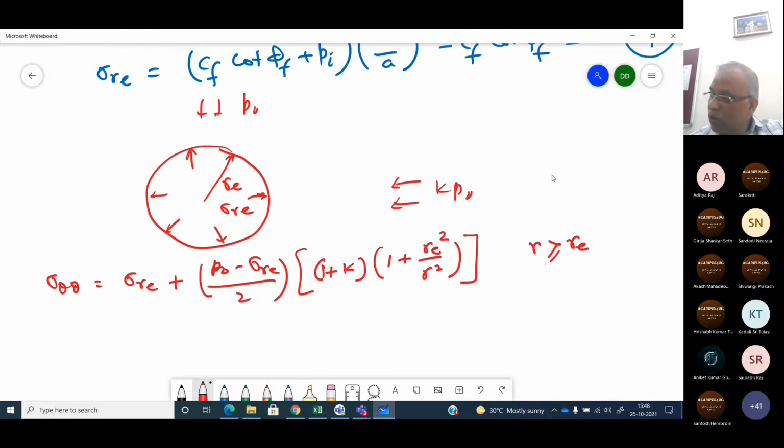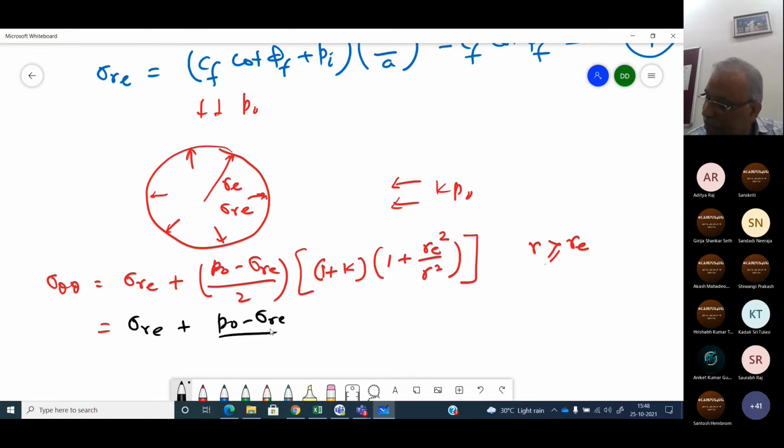Okay. So now I will put, right at the boundary, r equals to re. P naught minus sigma re by 2, this will be 2 into this, so this is 2.